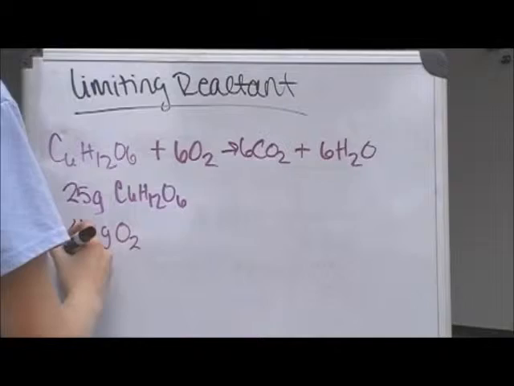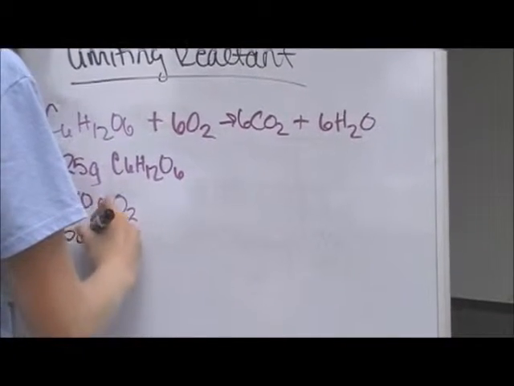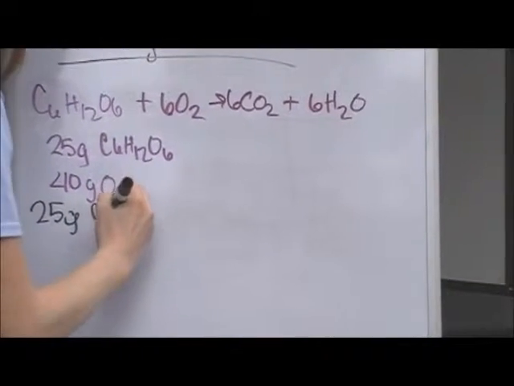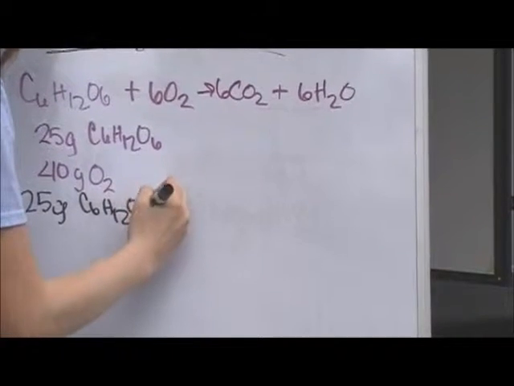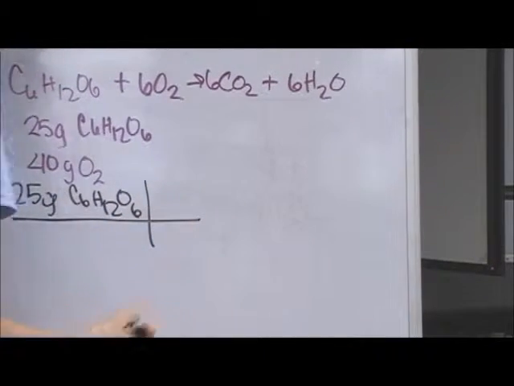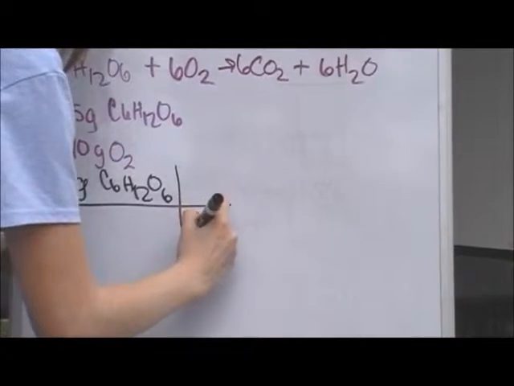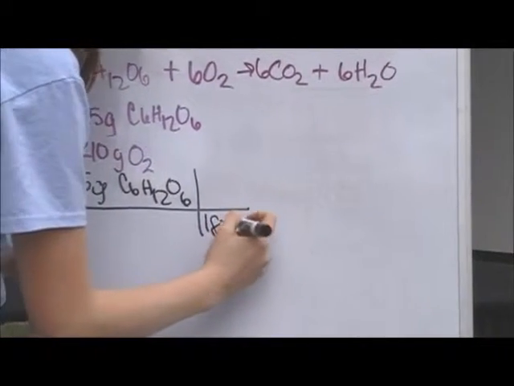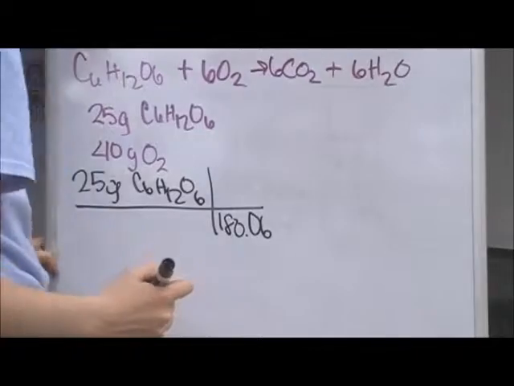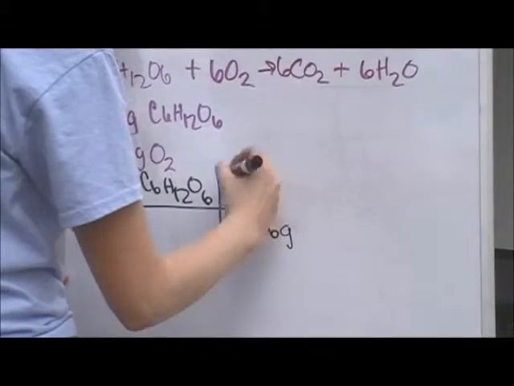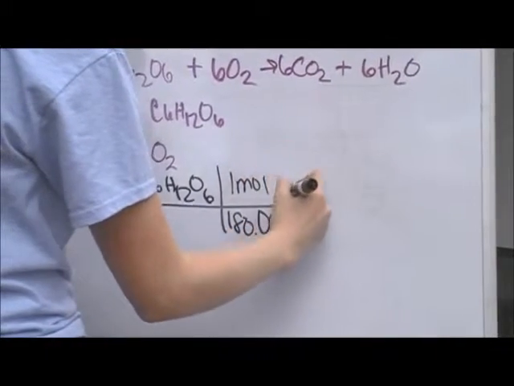So we're going to start with our 25 grams of C6H12O6. And we're going to make a T-chart, so we're going to divide that by the mass in the periodic table, which is 180.6 grams, which equals 1 mole.